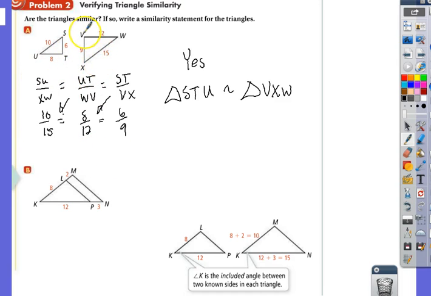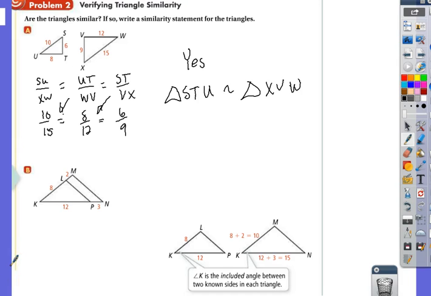Oh, I should have gone from X to V to W. Got to be careful about that. So smallest side, medium side, largest side, smallest side, medium side, largest side. Make sure that you get it proportional and match up the corresponding parts.